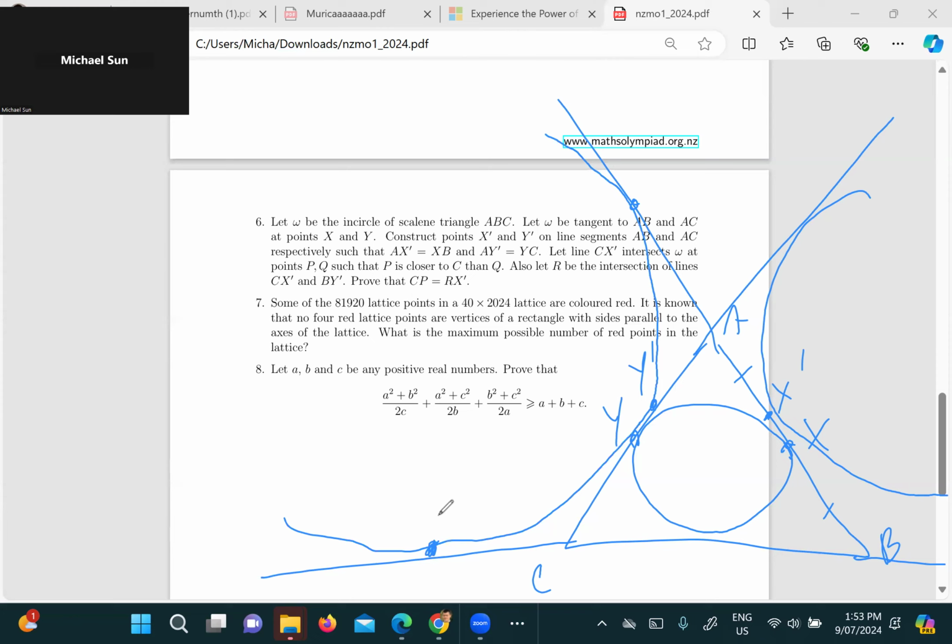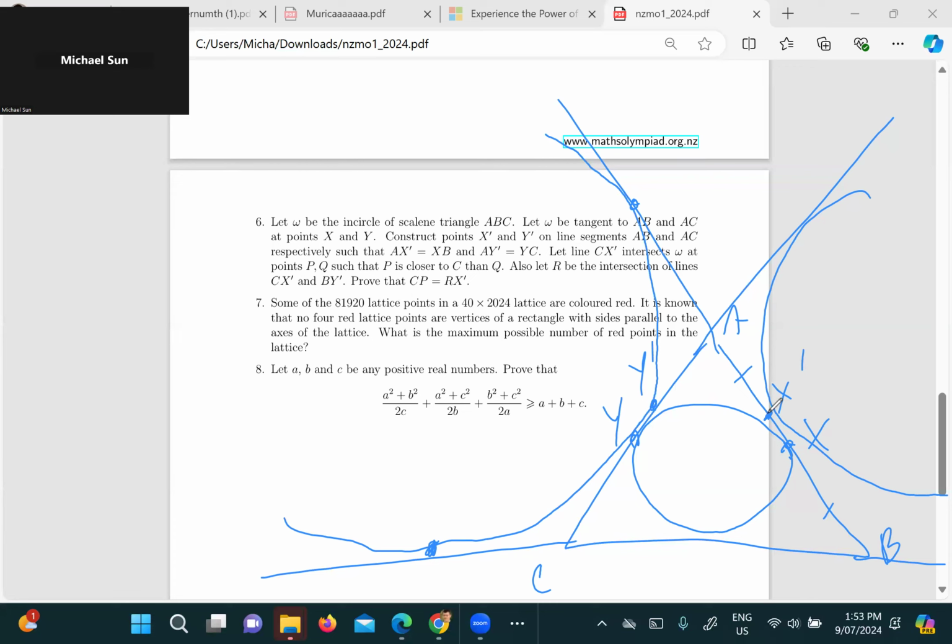So far the problem is understandable, yeah? AX equals AY. I see. Let CX prime intersect omega at P and Q. CX prime.